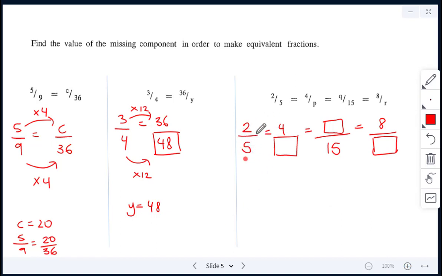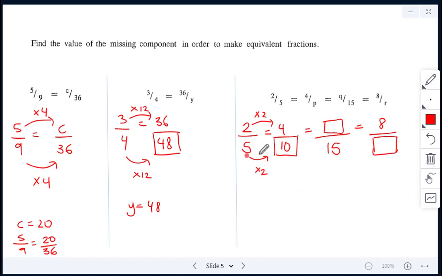So we're given 2/5. Starting with 2/5, how do we get to the 4? We would have to multiply by 2 to get to 4. So therefore, we're multiplying by 2 here to give me 10.